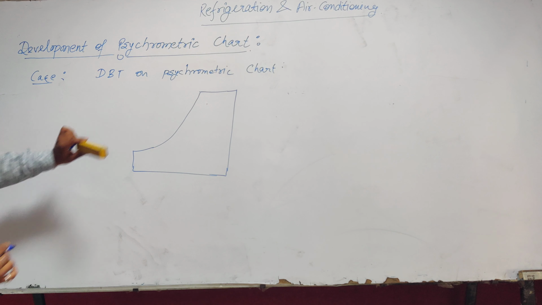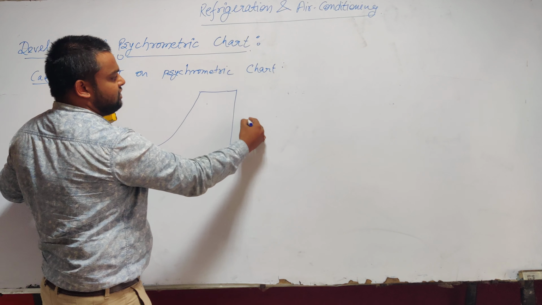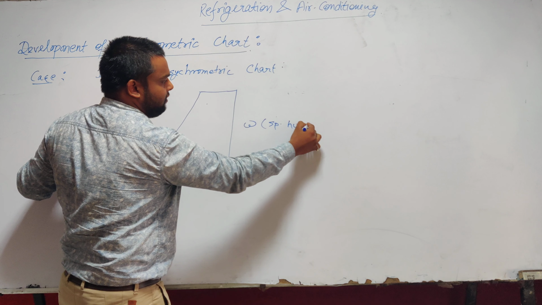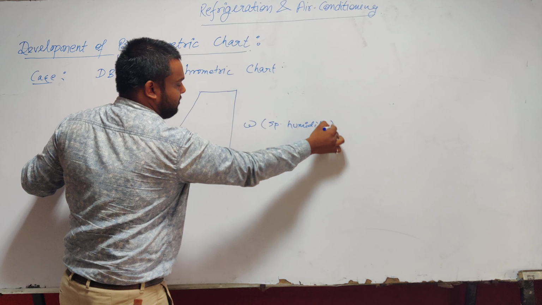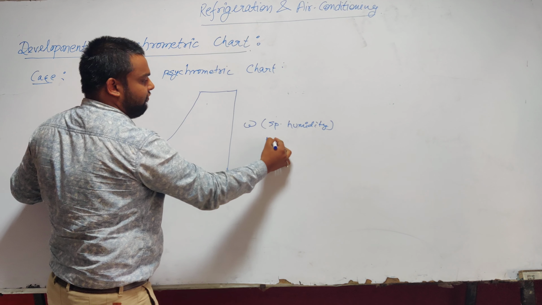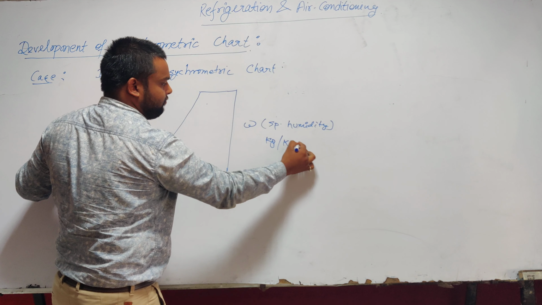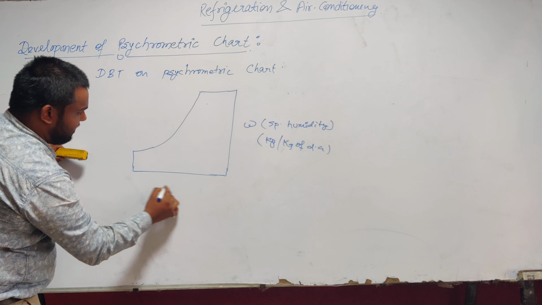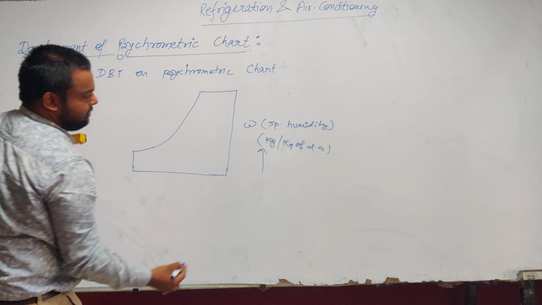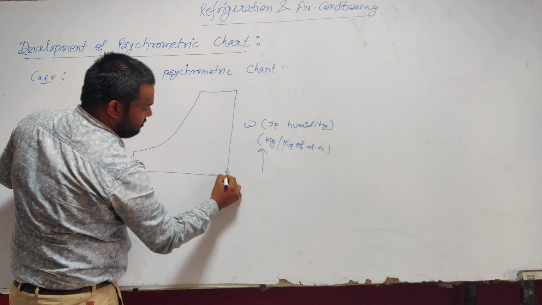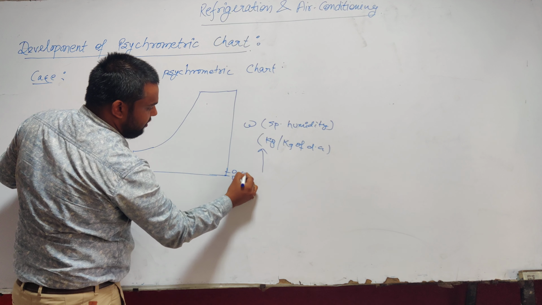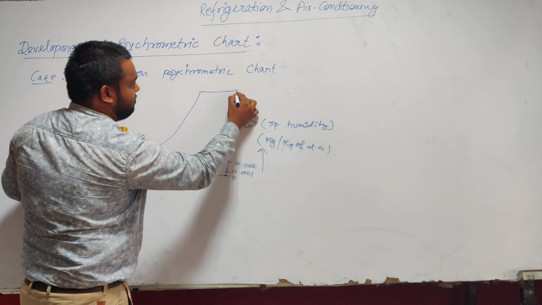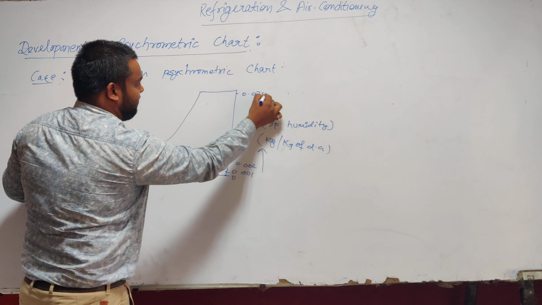This is our psychrometric chart. Here, this is the specific humidity in kg per kg of dry air, and on the axis there are 0, 0.001, 0.002, and so on, up to 0.035.